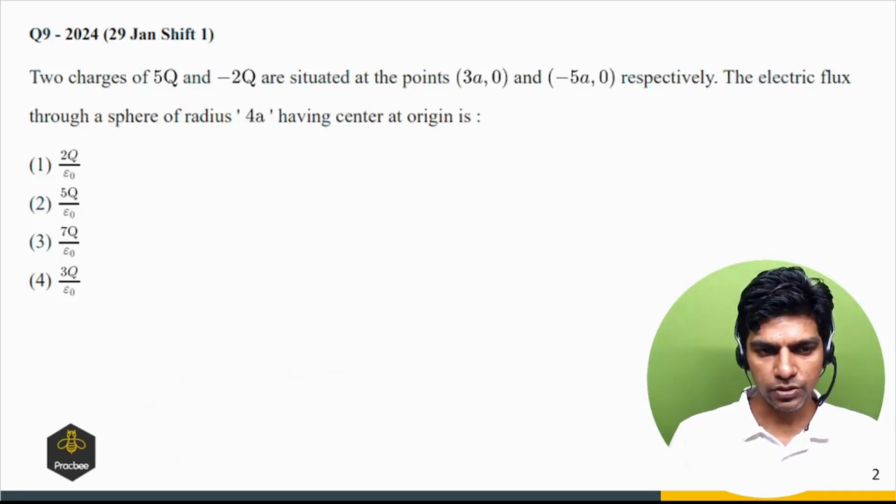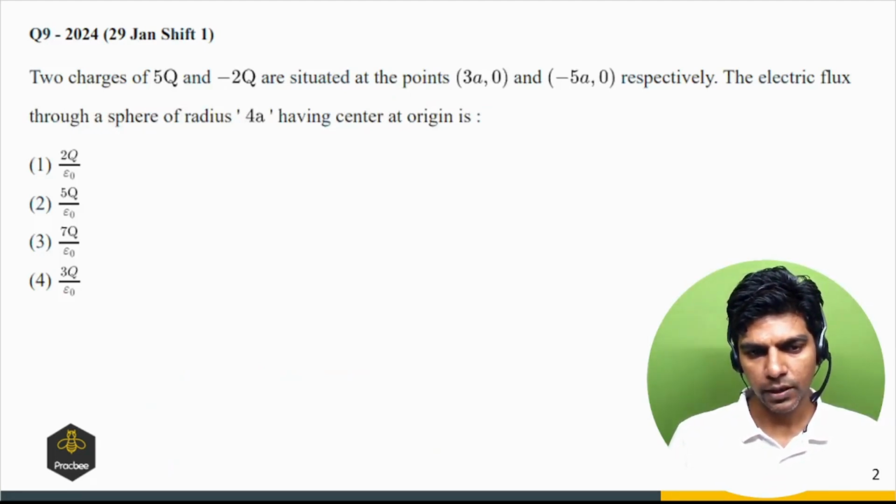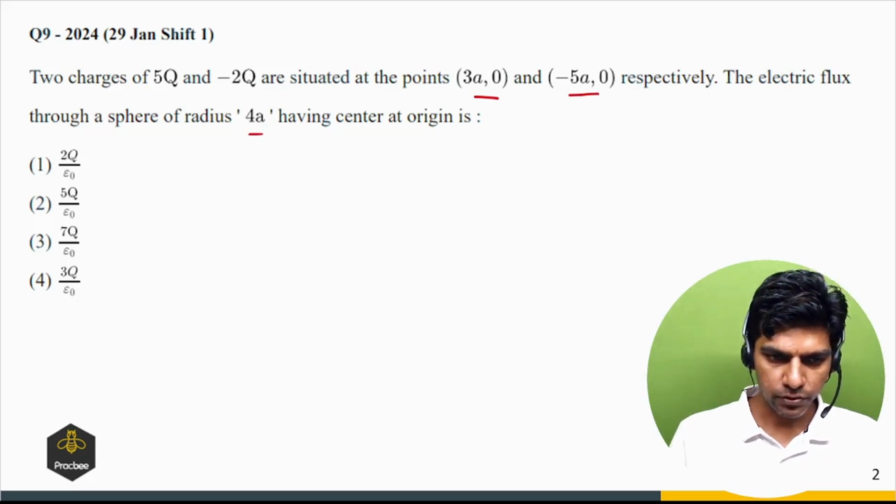So we are given two charges, 5q and minus 2q, situated at the points 3a comma 0 and minus 5a comma 0. The electric flux through the sphere of radius 4a having center at origin is. Okay, let me first draw the diagram.